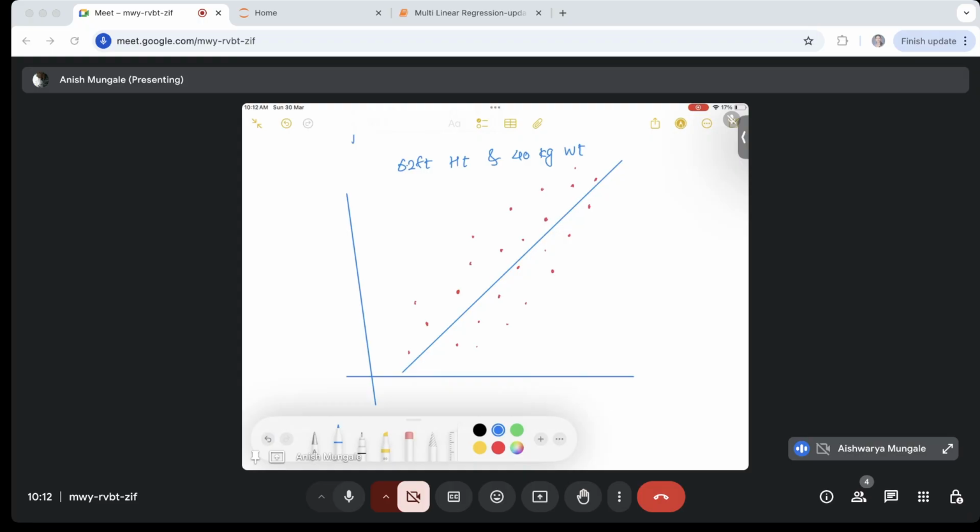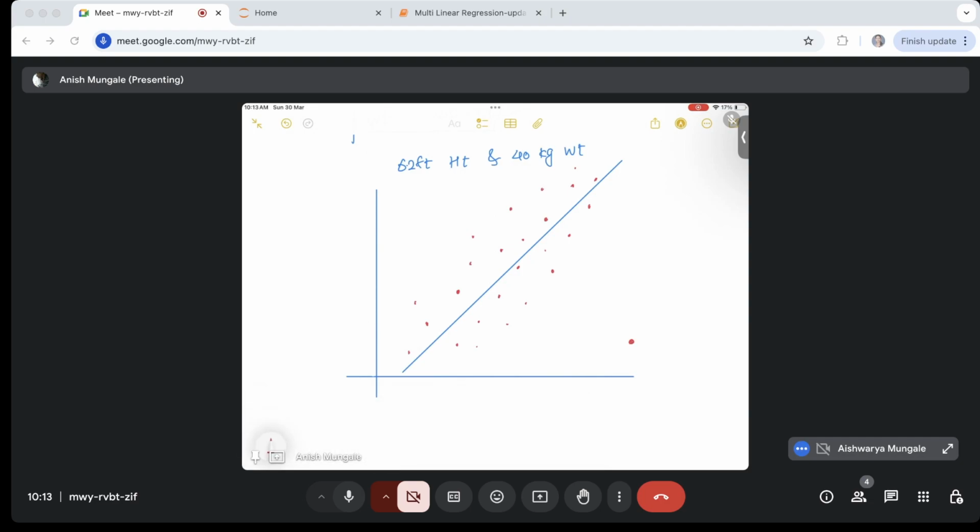Now let's say I added an outlier somewhere here.